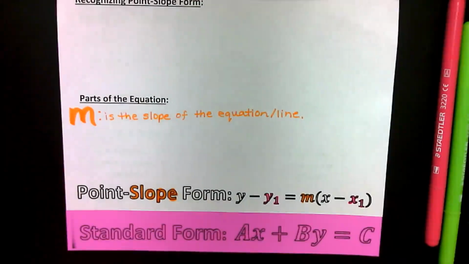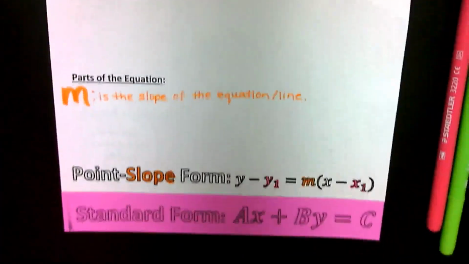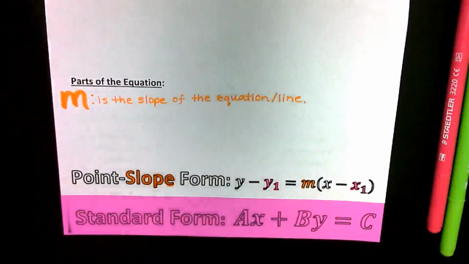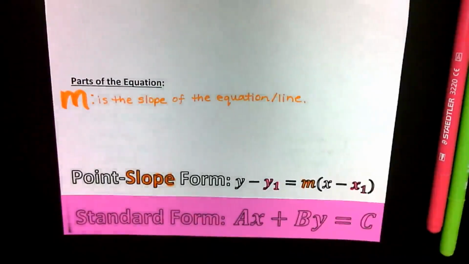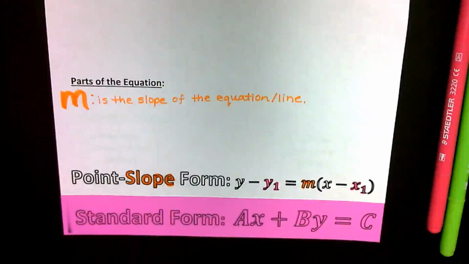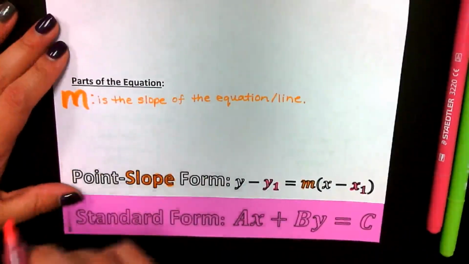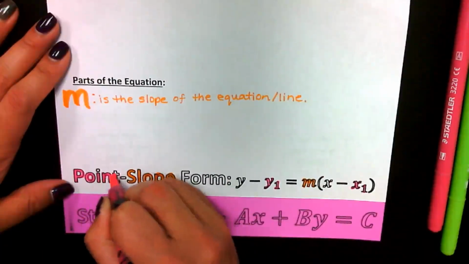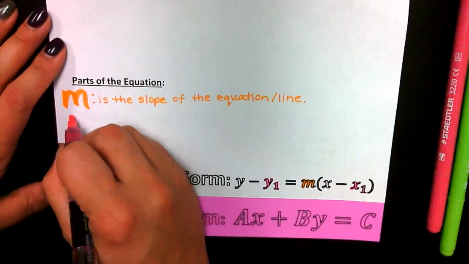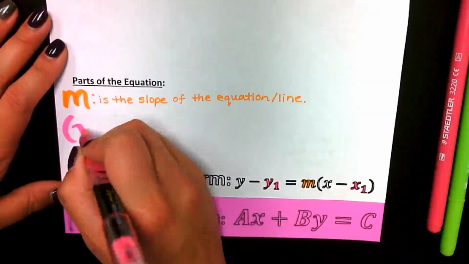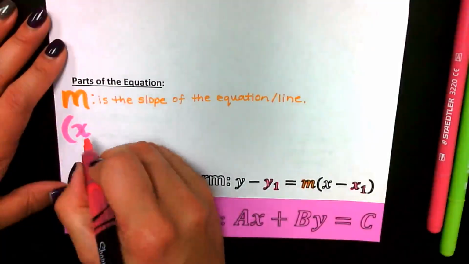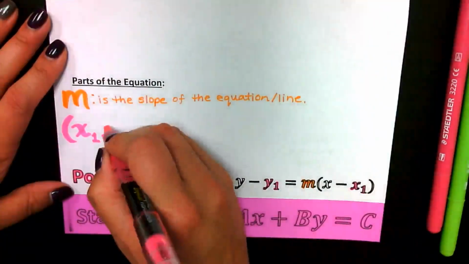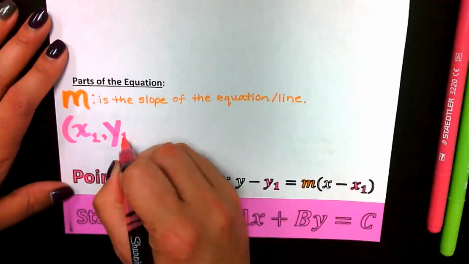Now this is the really important part that a lot of people get confused, and that's really why I want you to pay attention to the color. Let's get a little bit of light on there. All right, so your point will still be a coordinate. So, parentheses, x, and we've already talked about these subscripts here, x sub 1, comma, y sub 1.